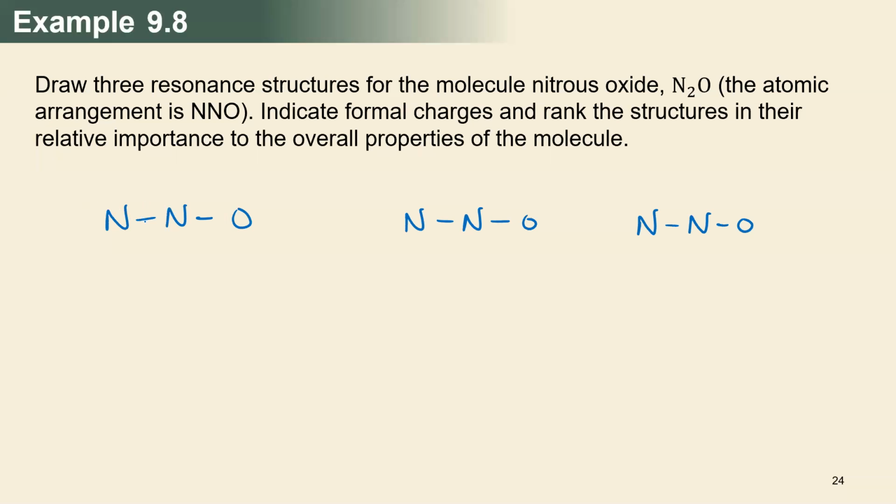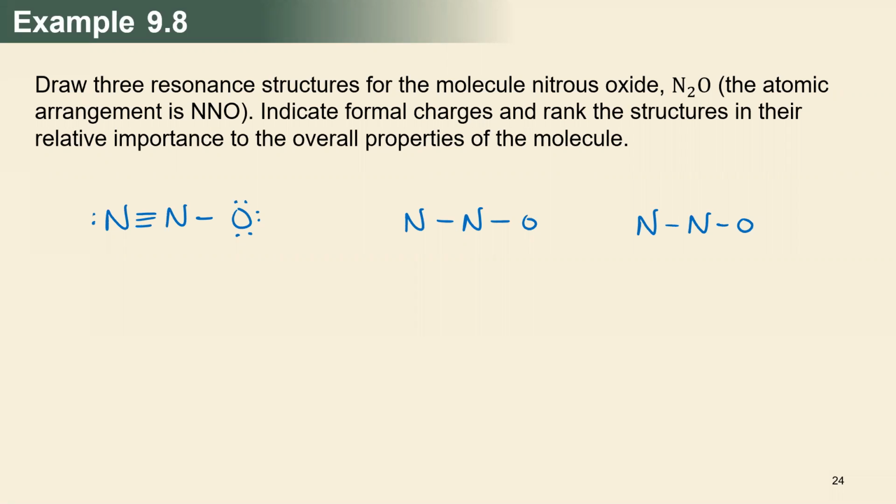Is it just a single bond between nitrogen and nitrogen? I got a triple bond. Okay, triple bond here. And then between nitrogen and oxygen? A double bond. Ooh, how many electrons is around nitrogen now? Oh, way too many. Yeah, single bond. Let's keep it a single bond. And I'll go ahead and draw in some lone pairs of electrons. So that is one Lewis structure, absolutely.